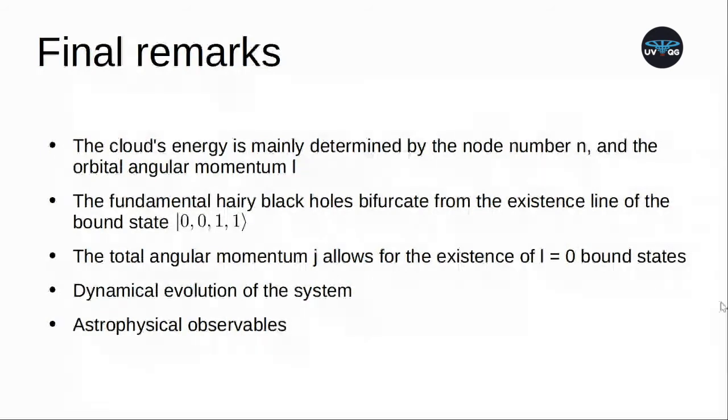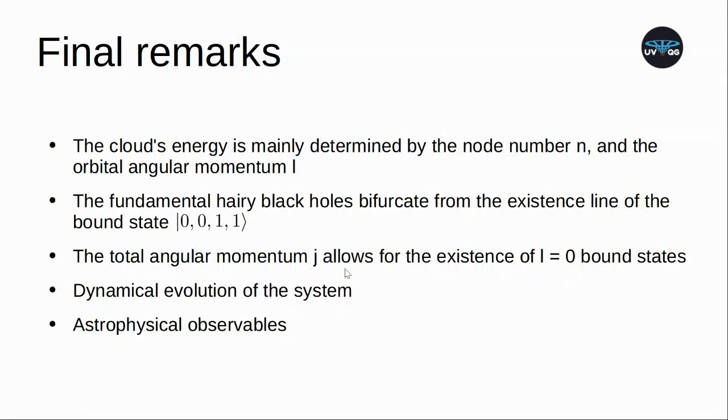Okay, so we saw that the cloud's energy is mainly determined by the node number and the orbital angular momentum, such that when we increase n or l, we go to excited states, which correspond to larger values of the angular velocity. The fundamental hairy black holes bifurcate from the existence line of the bound state in the same way as in the scalar case.